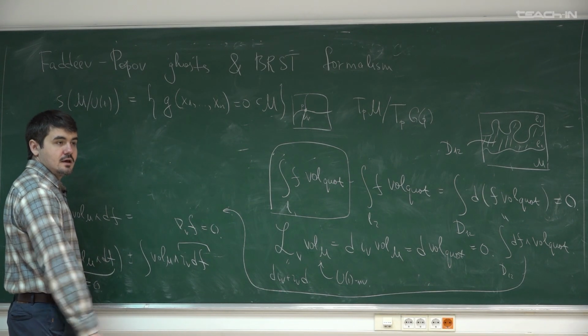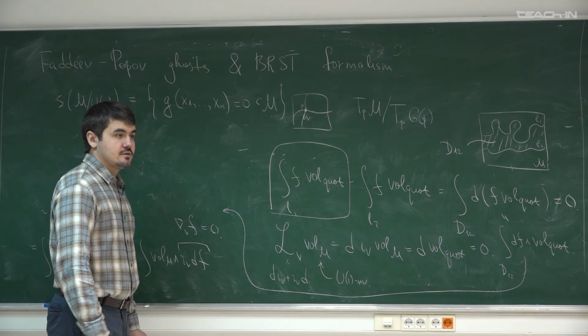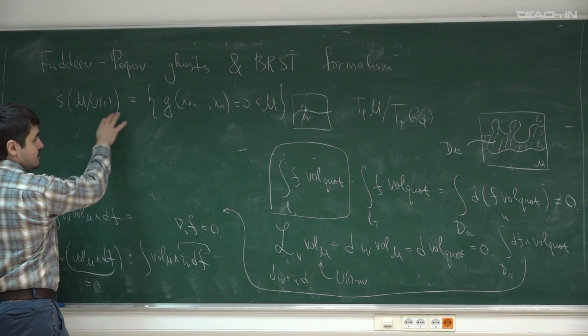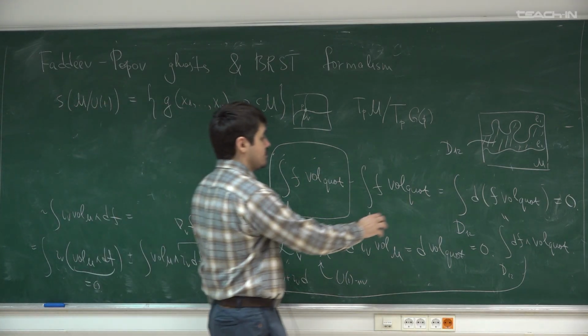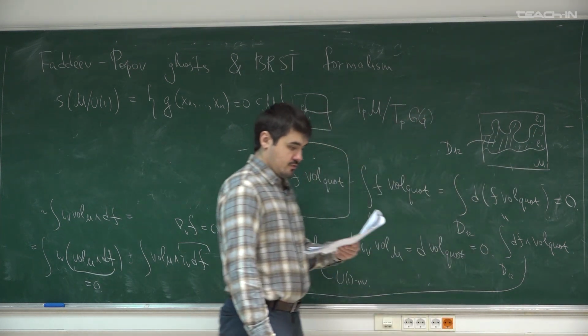Gauge fixing conditions say the divergence of the gauge field is 0. So this curve that we're integrating over is given by g equals 0.